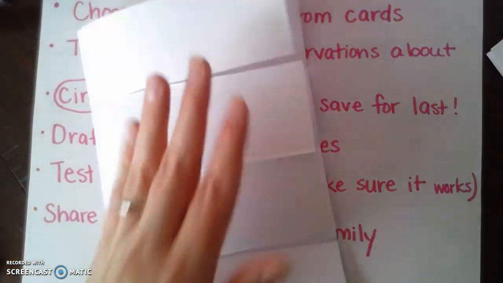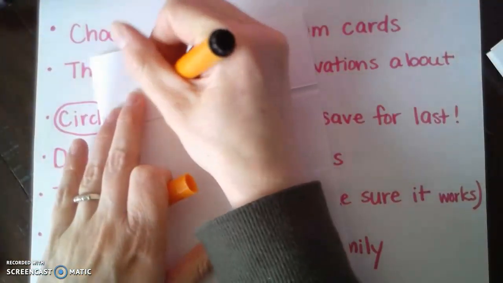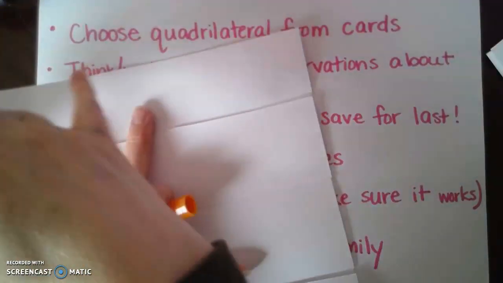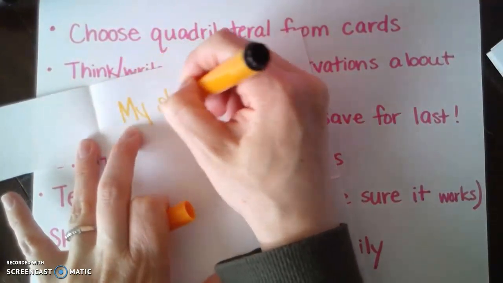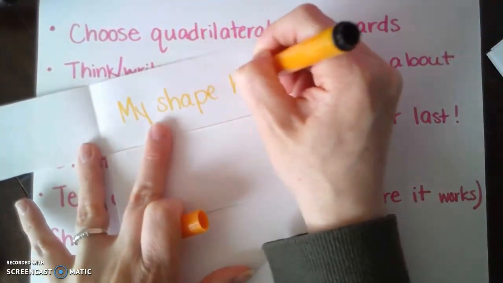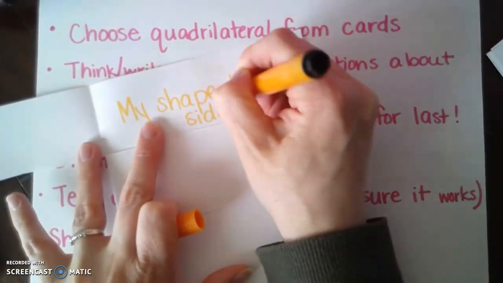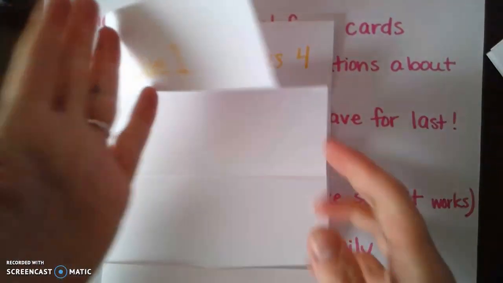Okay, so I could write clue 1. And then on that flap, my shape has 4 sides.